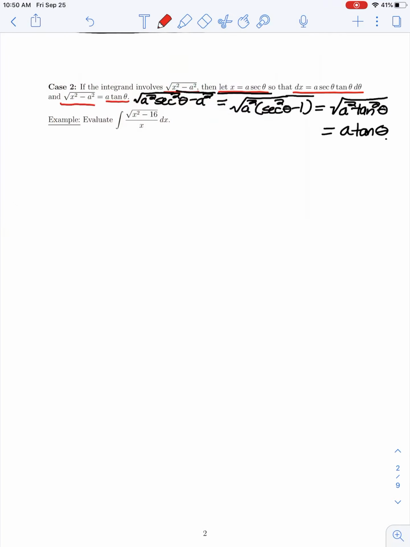So whenever I see this expression in my numerator, which involves the square root of a difference of squares, that should immediately make me think of using a trig substitution. And for that form of integrand, we're supposed to make the substitution x is equal to a, which in this case would be 4, since we had x squared minus 16, or 4 squared, times secant theta.